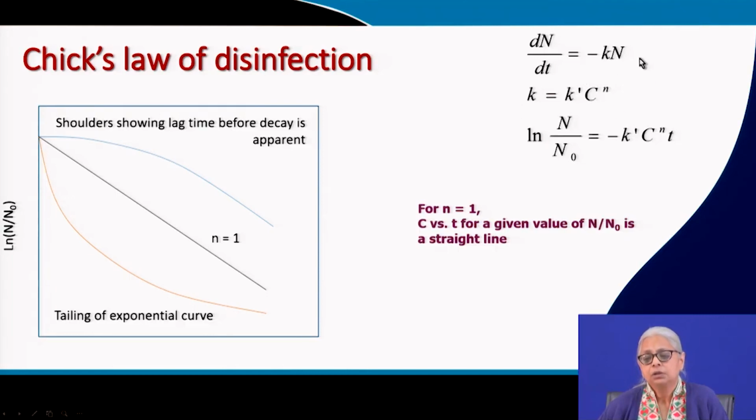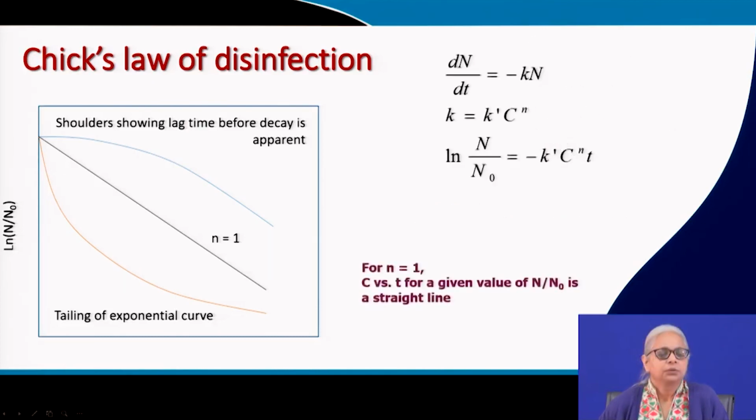Chick-Watson's law is what we use to describe the reduction in the number of cells when they are exposed to a particular disinfectant. That disinfectant can be chlorine, chloramine, ozone, whatever it is.